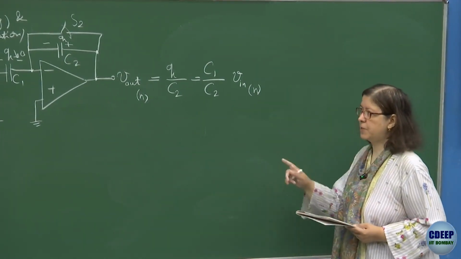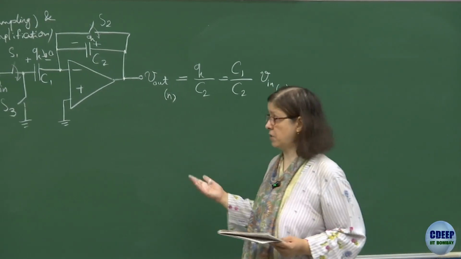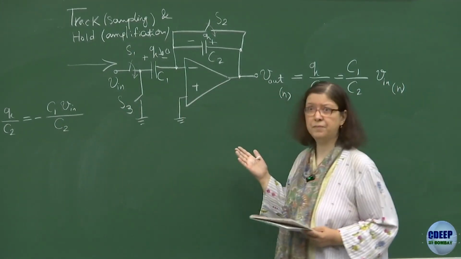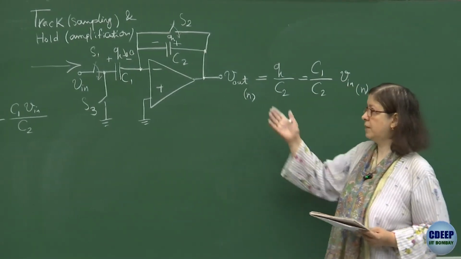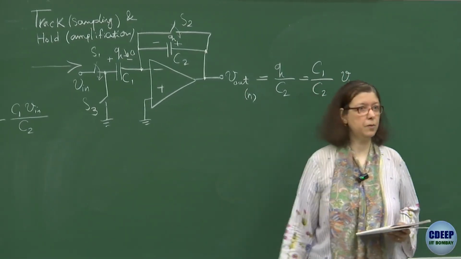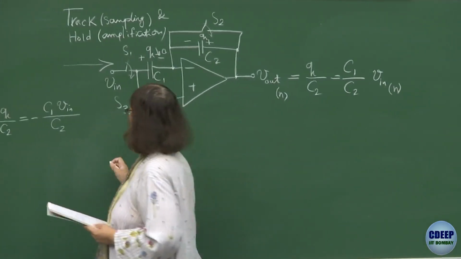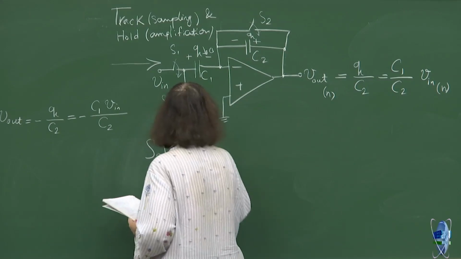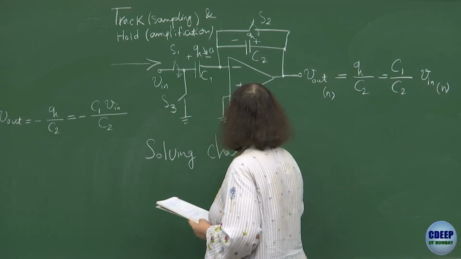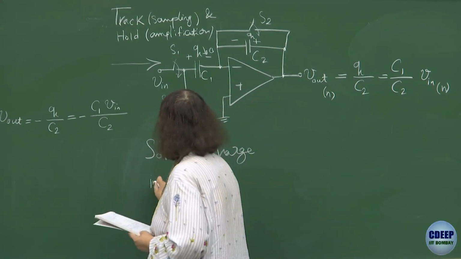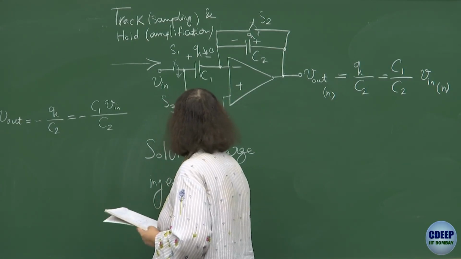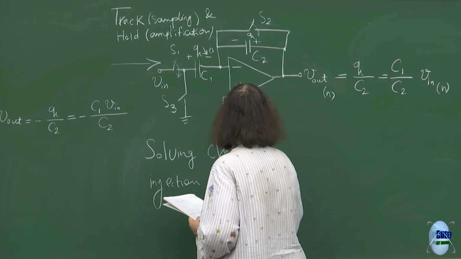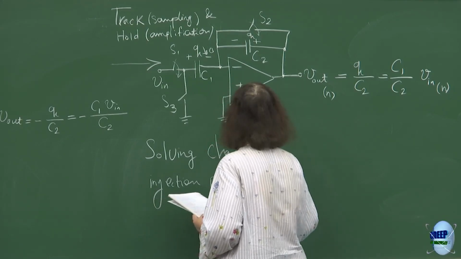What is the difference between these two configurations? One is, of course, the architecture at the input, which allows us to have the bottom plate switching or left plate switching here, and therefore the charge injection problem goes away. So this is for solving the charge injection problem due to S1.